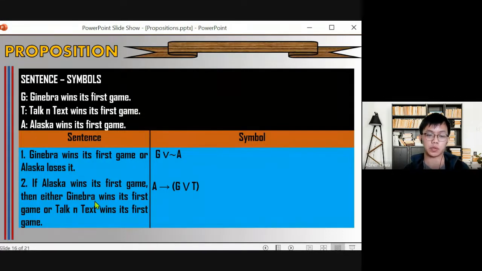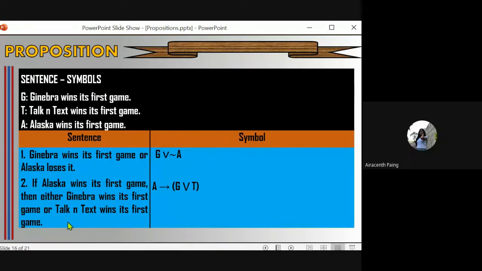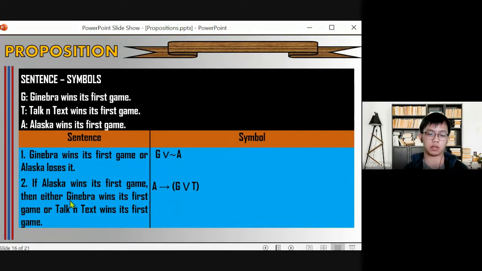So if you're going to observe, we have here the connective if, if then. Therefore, it will be A. What do we call a proposition when the connective is if then? What do we call it? Implication or conditional. Thank you. So that is implication or conditional.